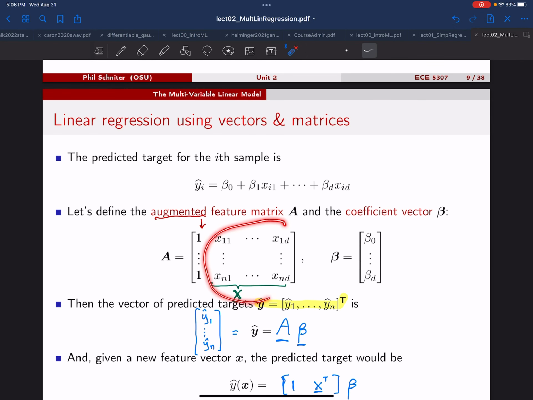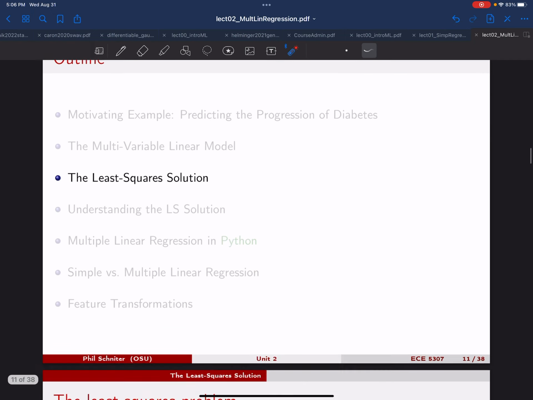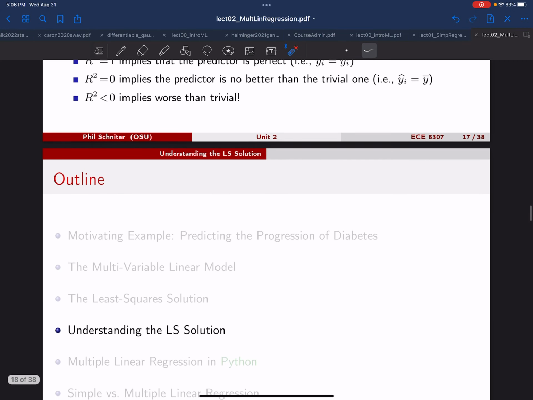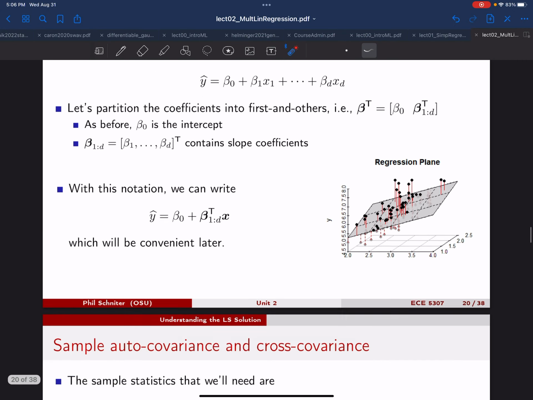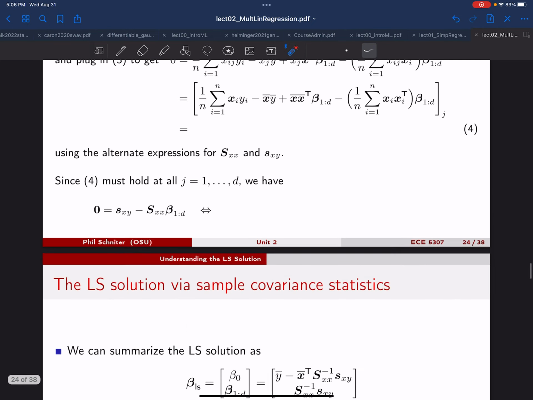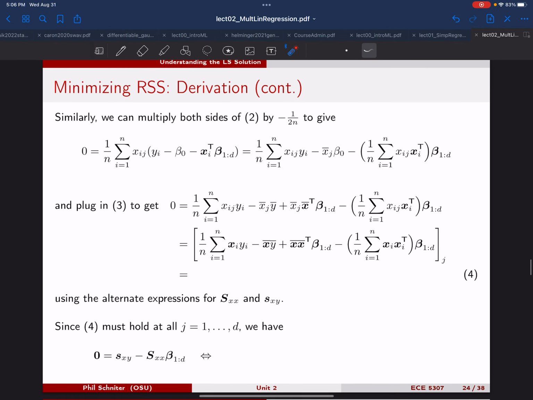So these are all our xij's. As you go down this way, you have i, which is the training sample, and as you go this way, you have j, which is the feature. I'll also be consistent all semester with using i for the training samples and j for the features, just to keep things similar.